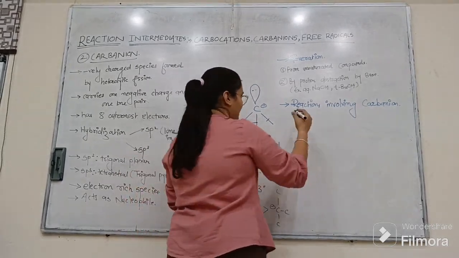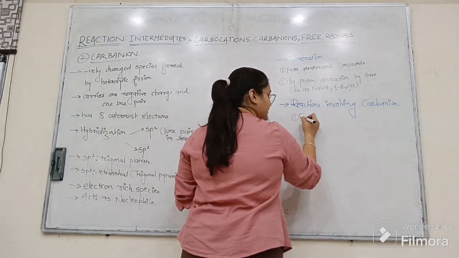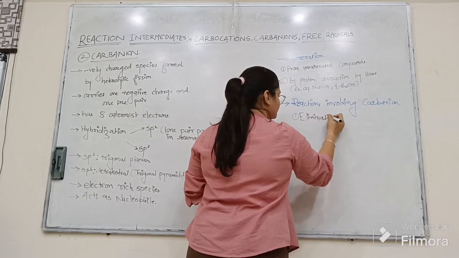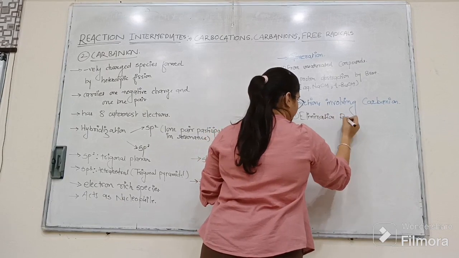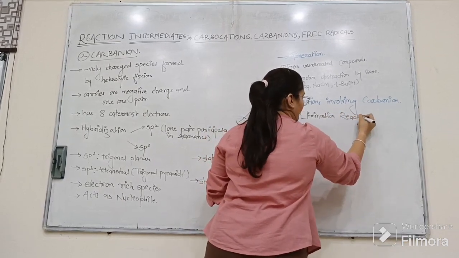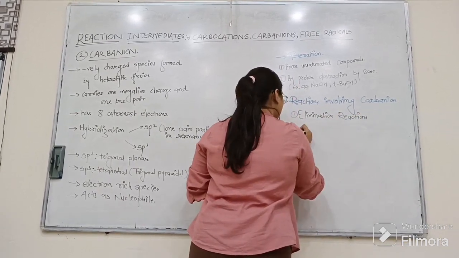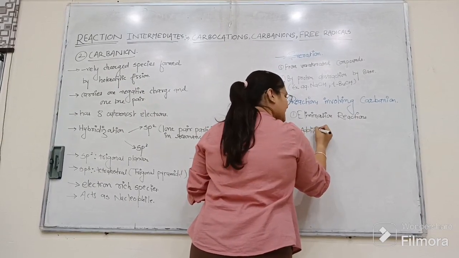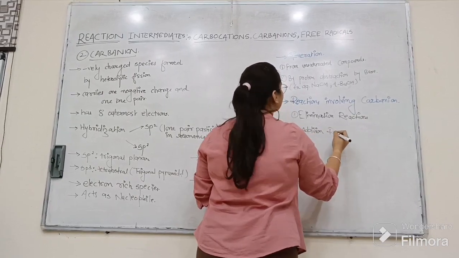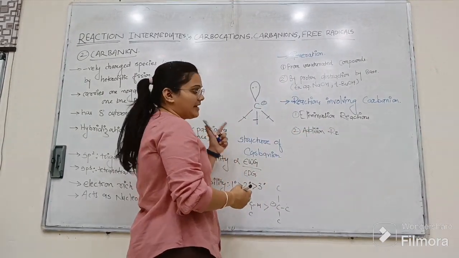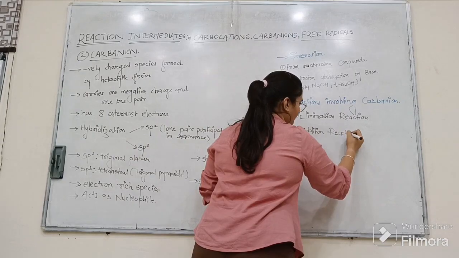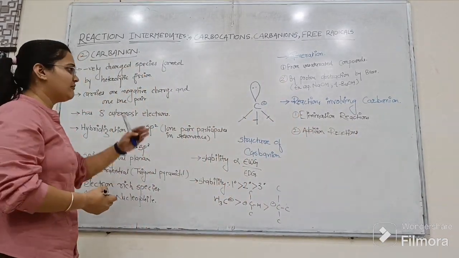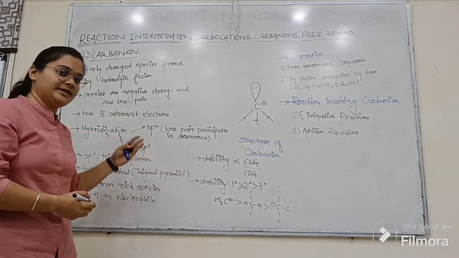The first can be elimination reactions, and the second is addition reactions, in which we get generation of carbanions. So this was all about the carbanion intermediate. We have discussed generation, reactions and characteristics.